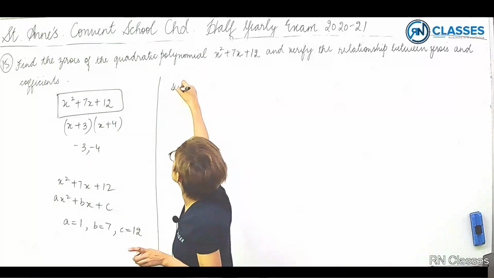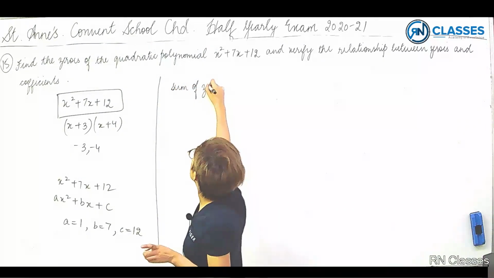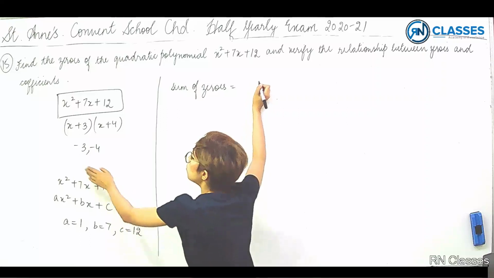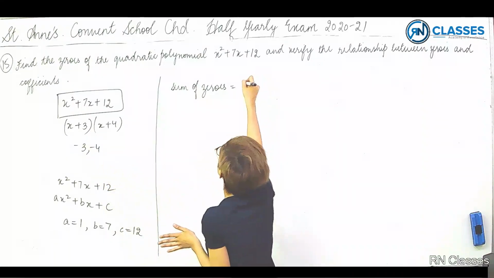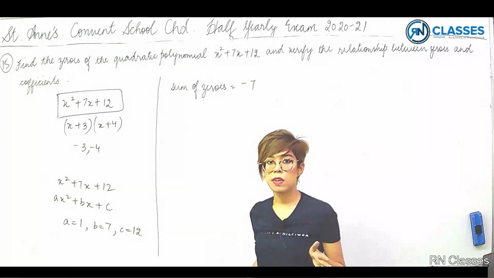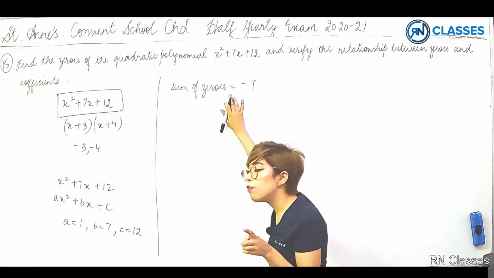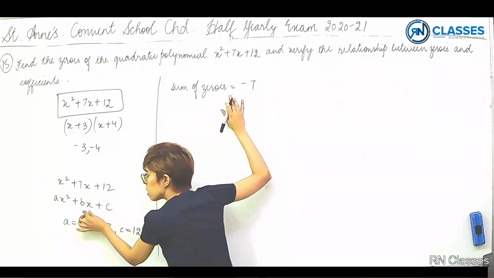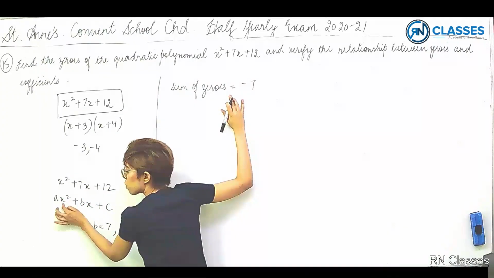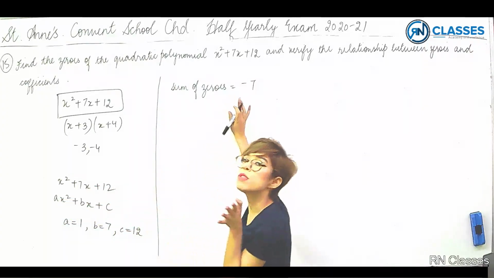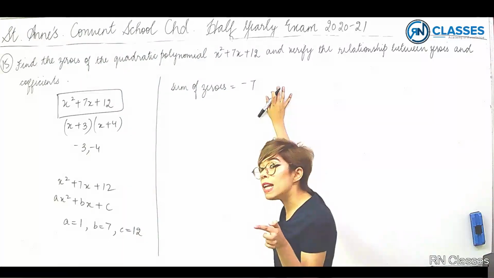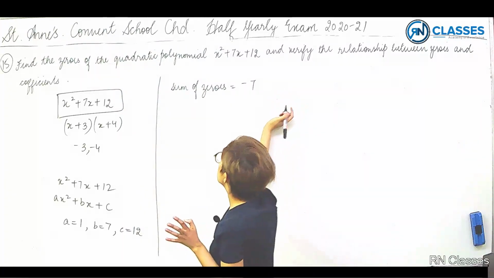Sum of zeros, let's calculate. It is equal to minus 3 plus minus 4, so that is minus 7. Now, I need to prove that this is equal to negative of coefficient of x divided by coefficient of x square, which is a. So basically, I need to see whether this is equal to minus b by a or not. So let's see.